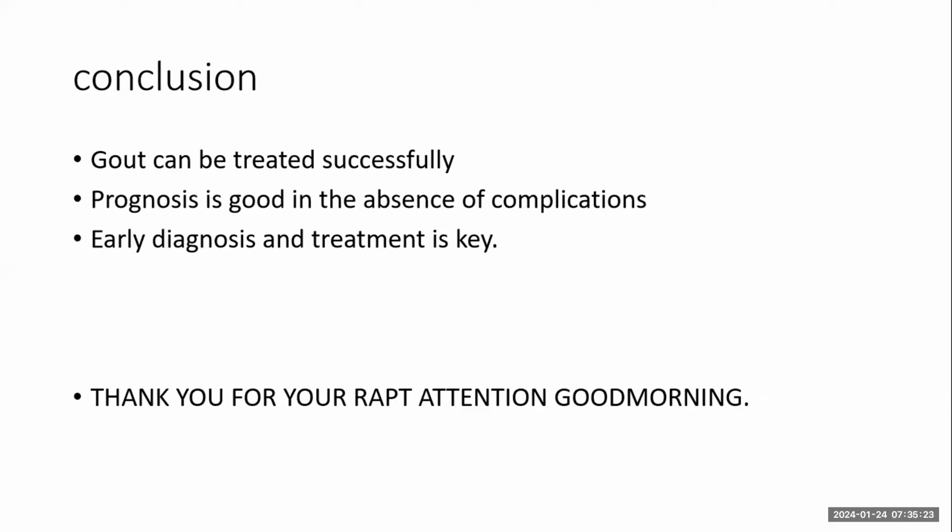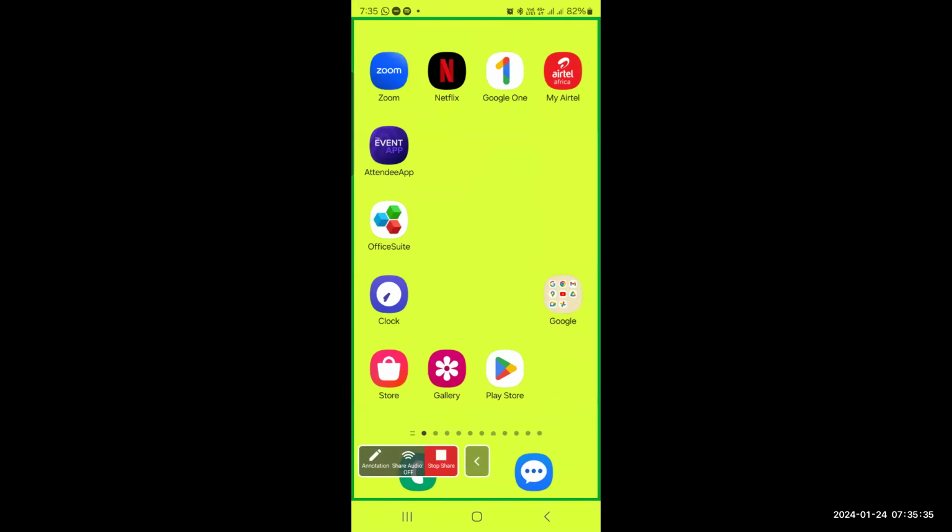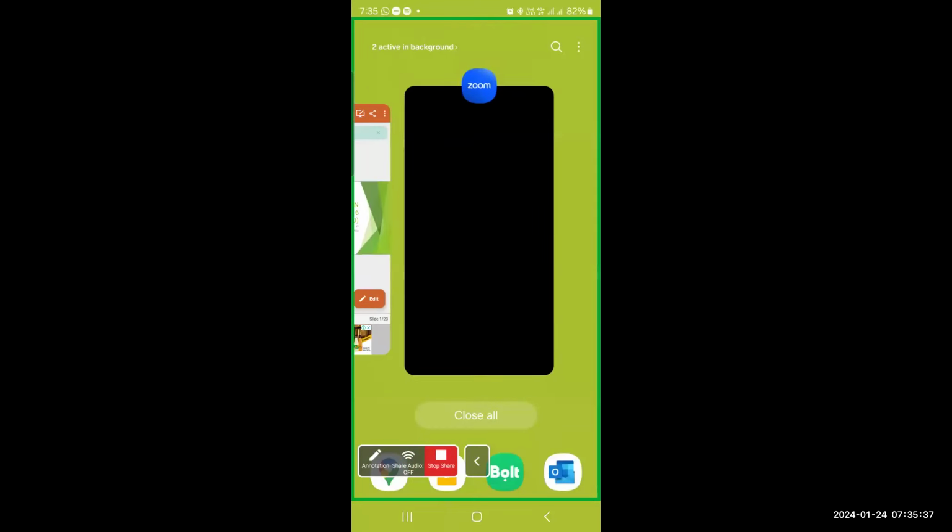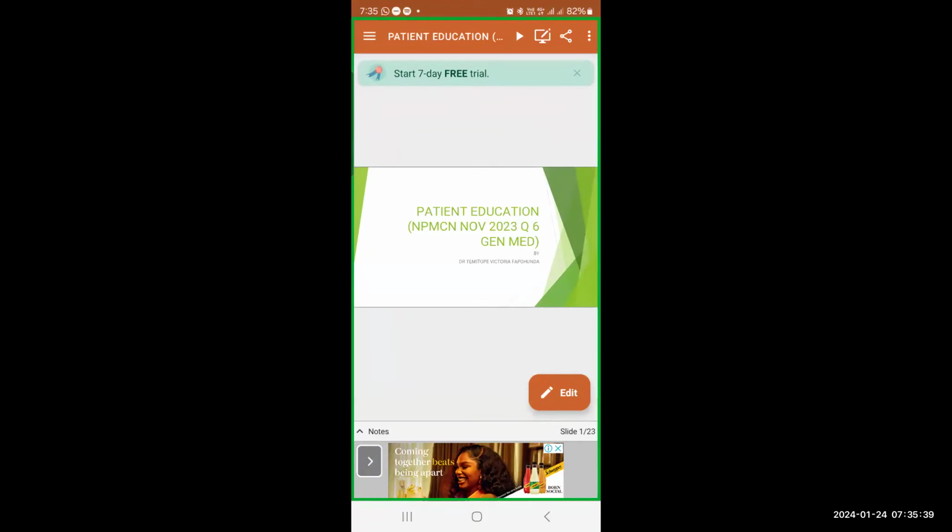The acute phase agents we use are NSAIDs, colchicine, steroids, ACTH analogs, and then the IL-1 blockers. So this group proposed that you could use xanthine oxidase inhibitors along with one or more of the acute phase agents right from the start.